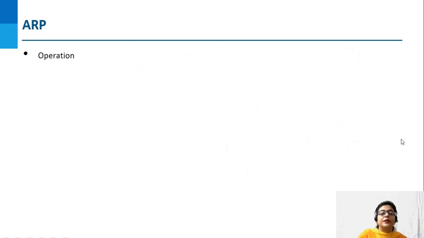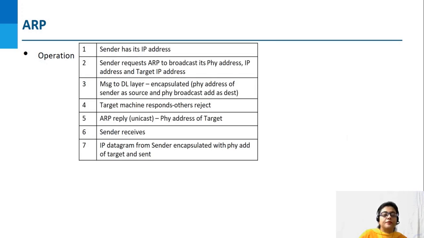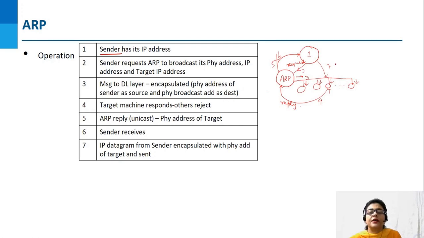Now let us look at the operation of ARP. The first point is that the sender will have the IP address. Let's look at it with the help of the flow diagram. Look at the first step: the sender has the IP address of the receiver.